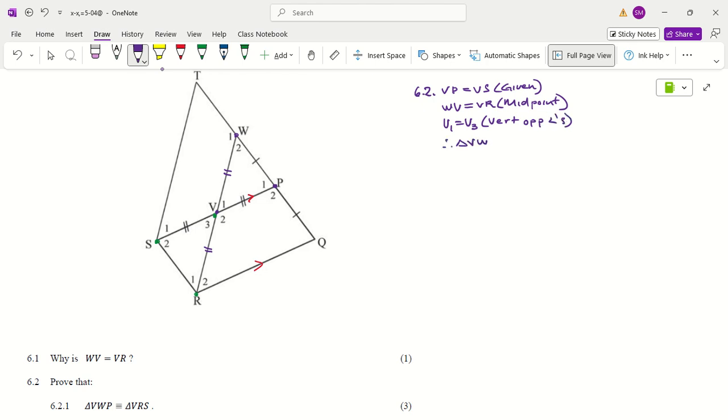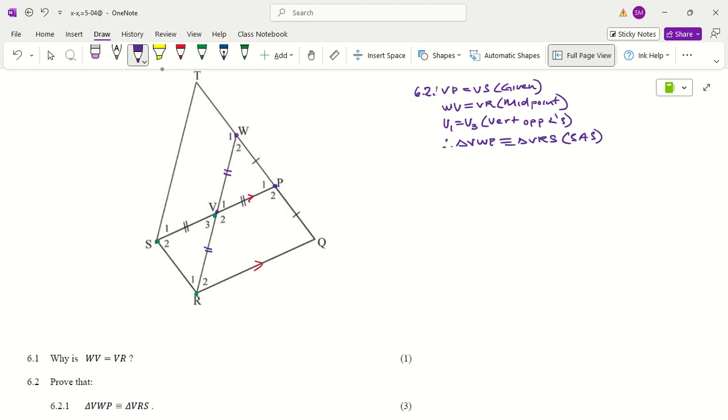So the triangle VWP is congruent to the triangle VRS, and the reason is side angle side. So very simple there.